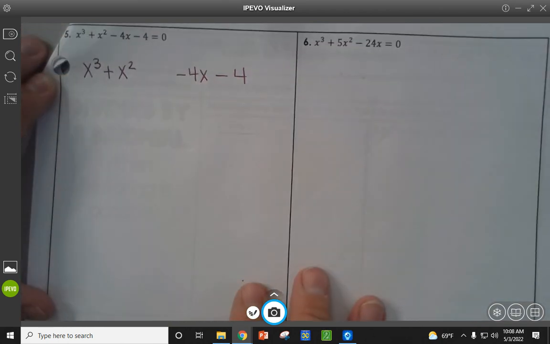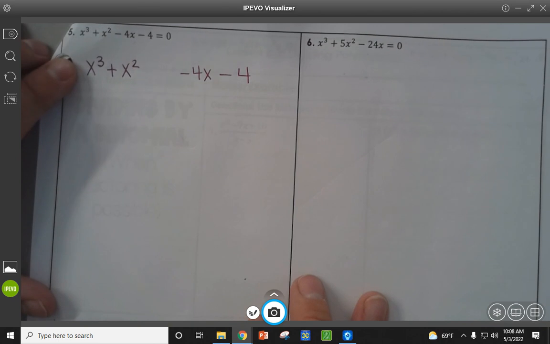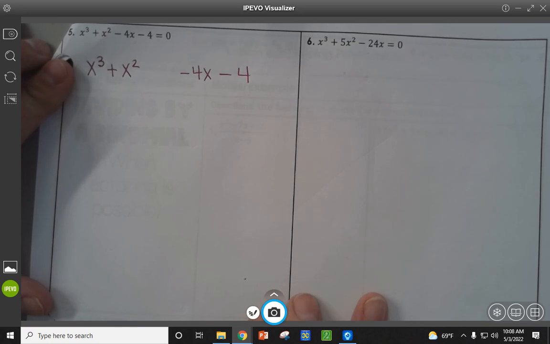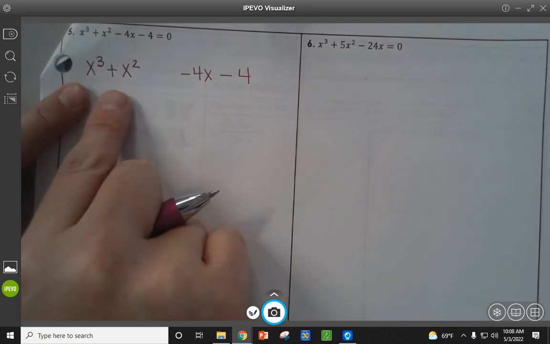So go ahead and split up your 2 groups. And then we'll do the GCF of each group.